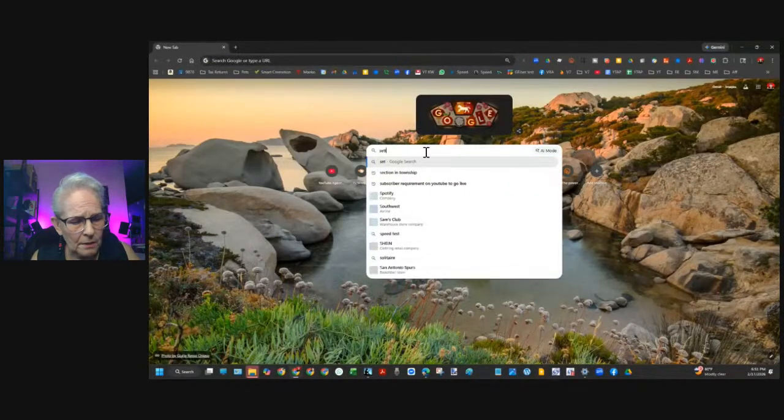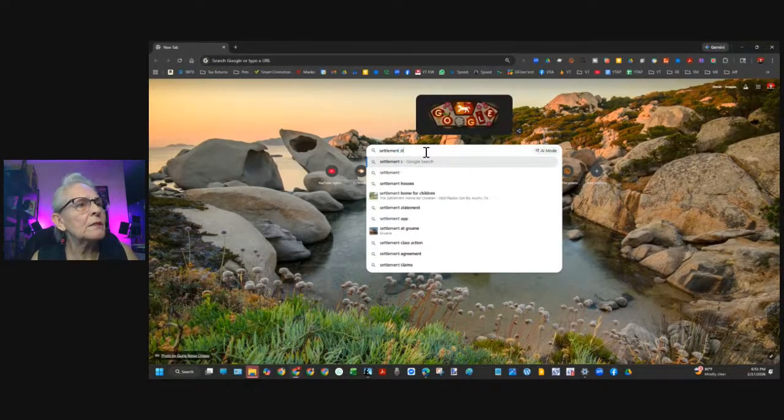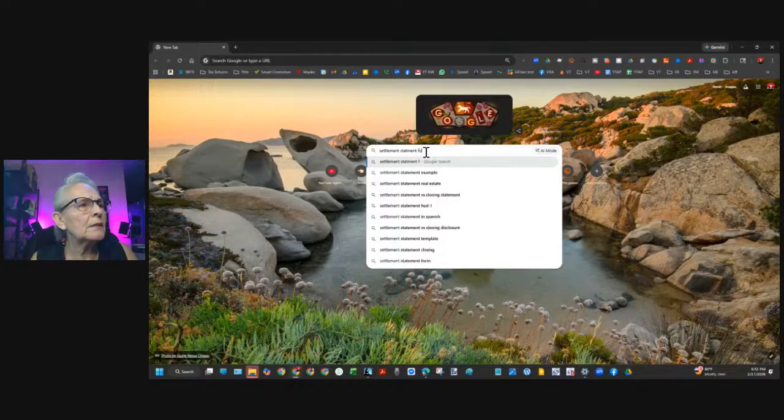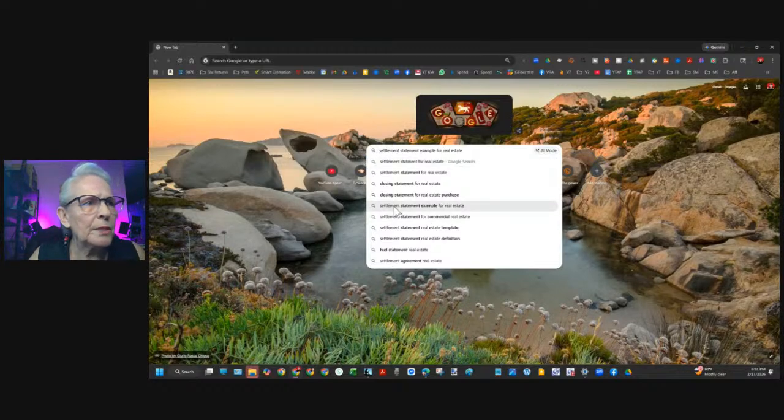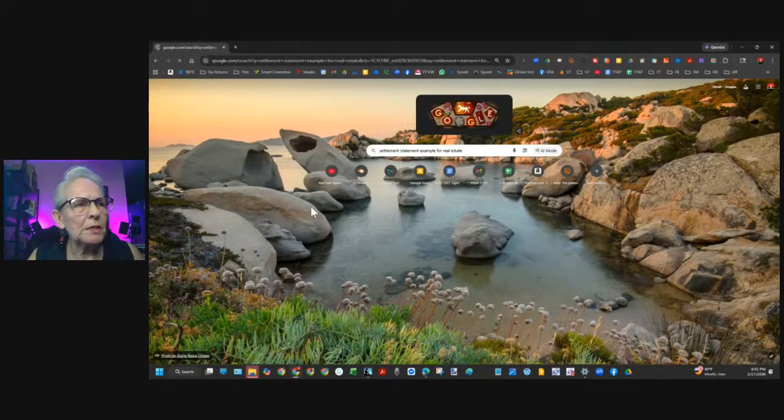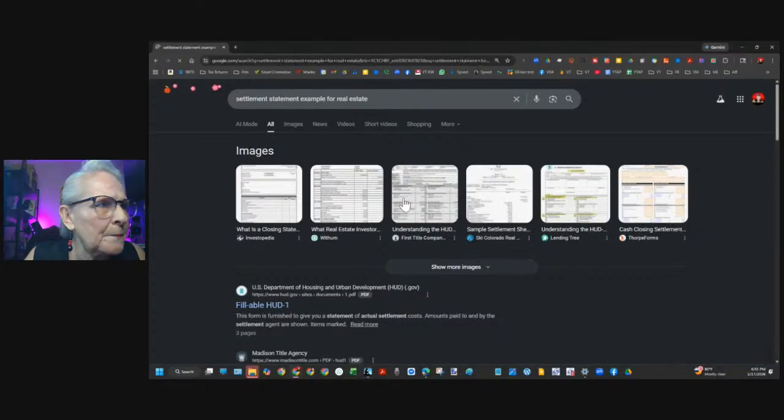So you can look at a settlement statement example for real estate. It has the debits and credits. Let's see if this will show it.